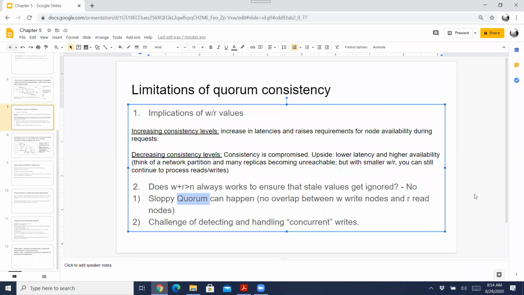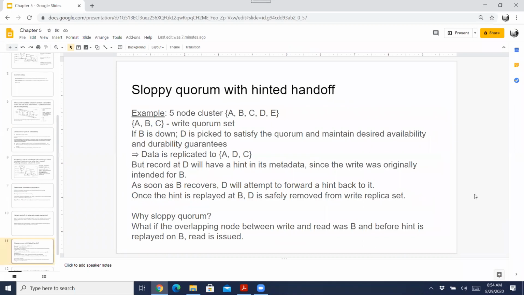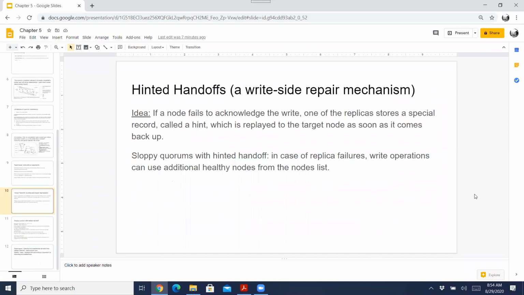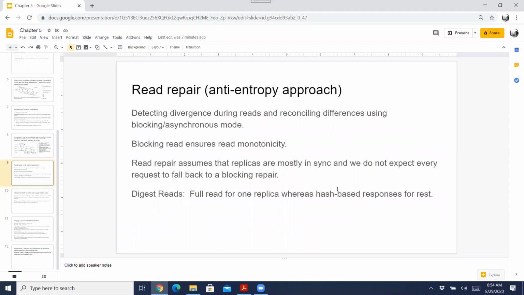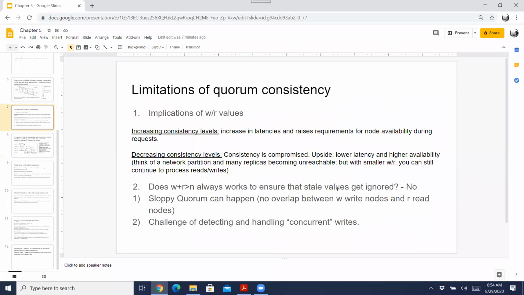I don't know if I was mentioning this here. Yeah, I had it here, but you are right, that is one way to deal with it. If you can't satisfy that quorum, you can respond by saying either retry or something.